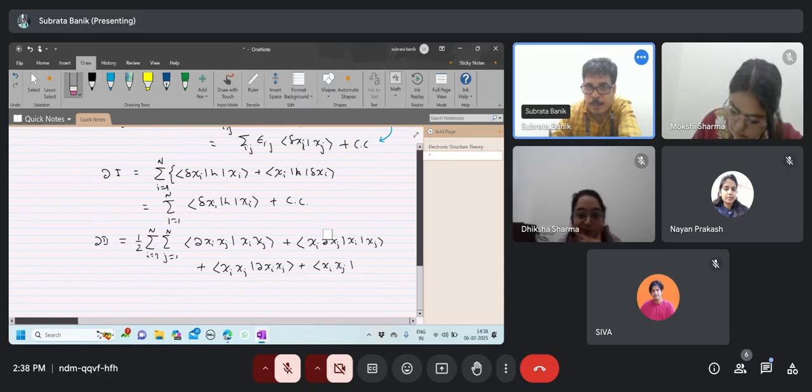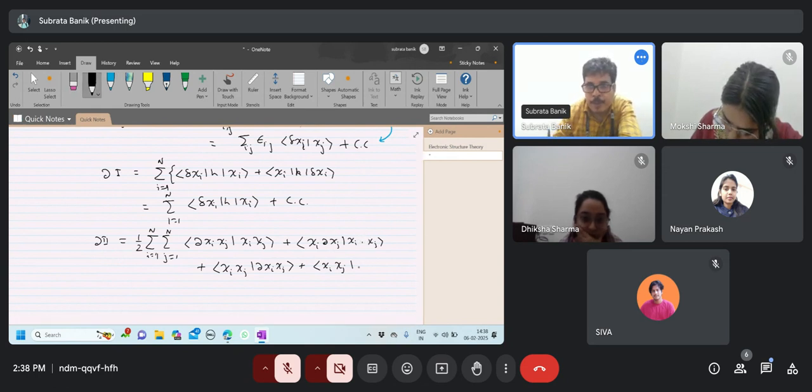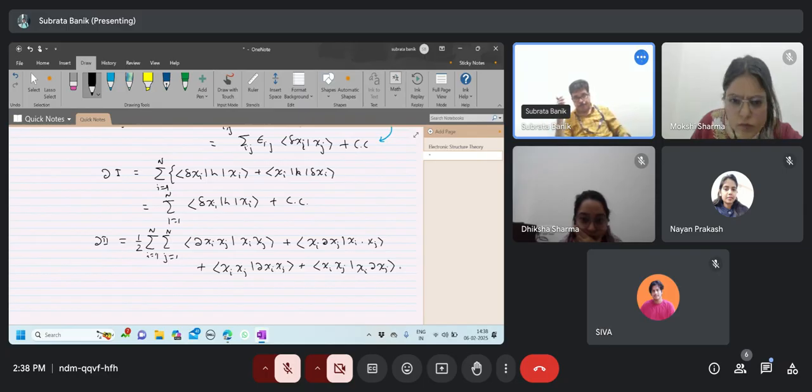Sorry, this should not be there. Chi i delta chi j. Is it okay? There are four terms from the Coulomb. Each function we have to differentiate.